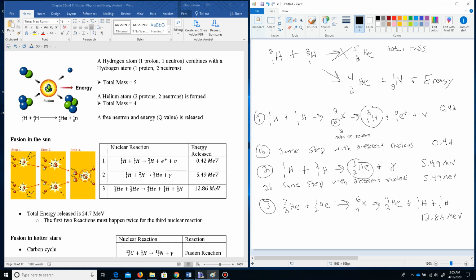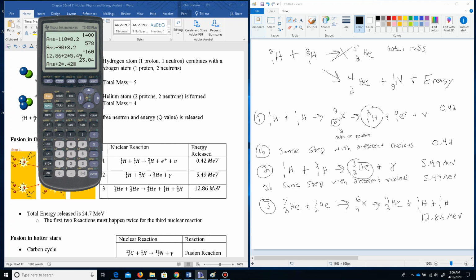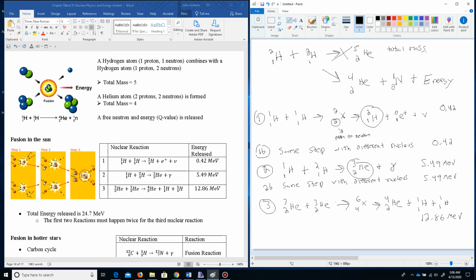Right, and so if we add these up, 12.86, we only have one of those, plus 2 times the 5.49, we have 2 of those, plus 2 times 0.42, so we have 2 of those, and we get about 24.6, 24.7 MeV being released within this nuclear reaction.